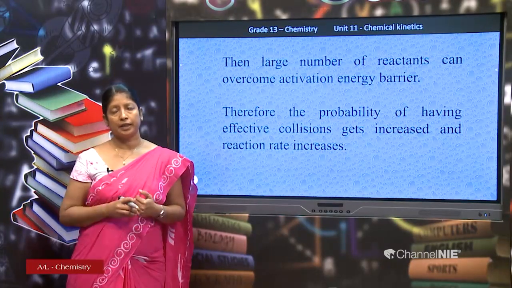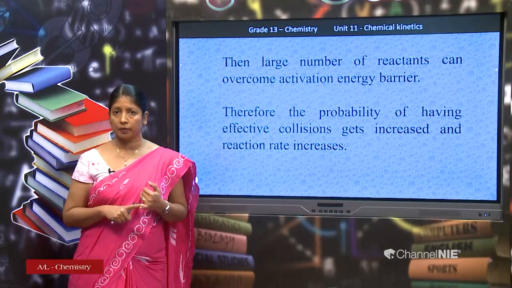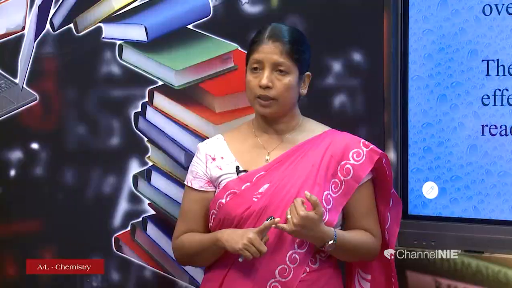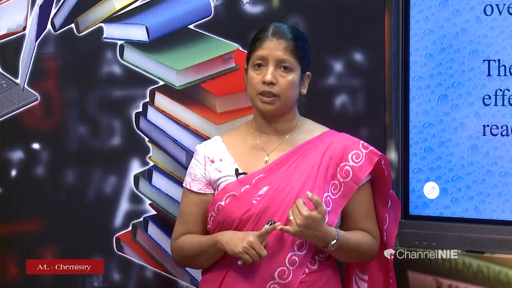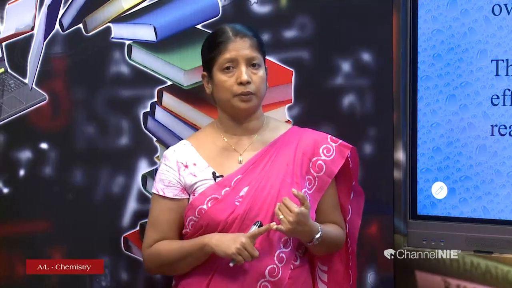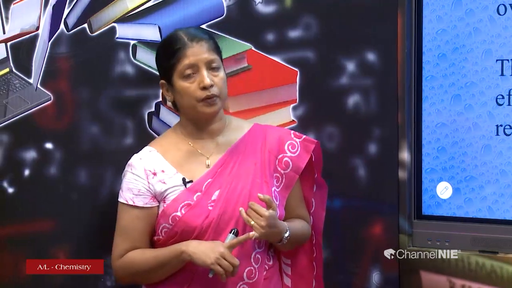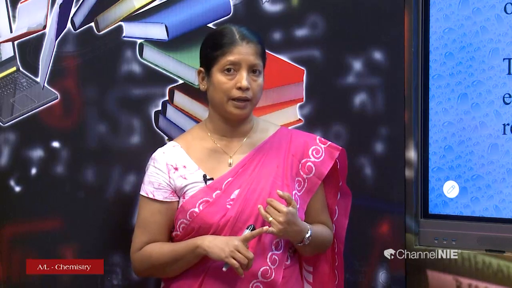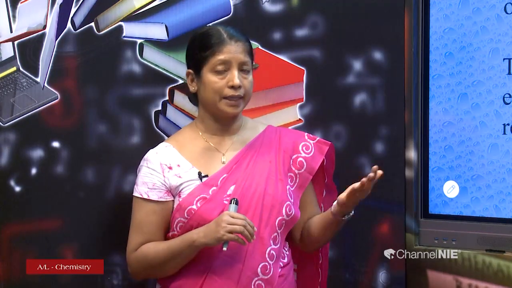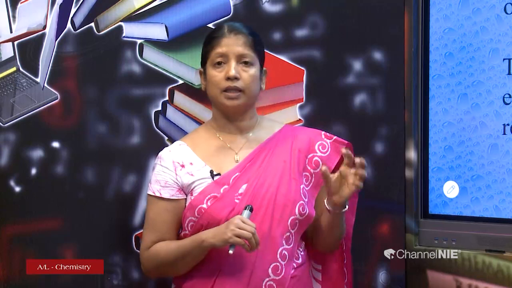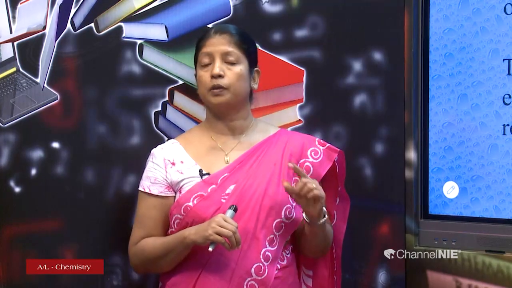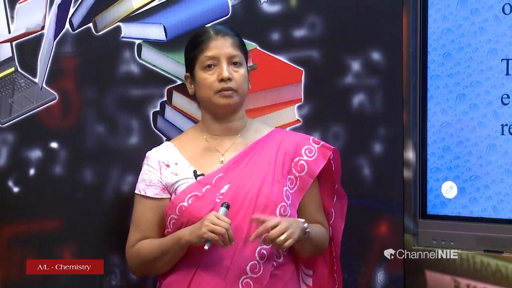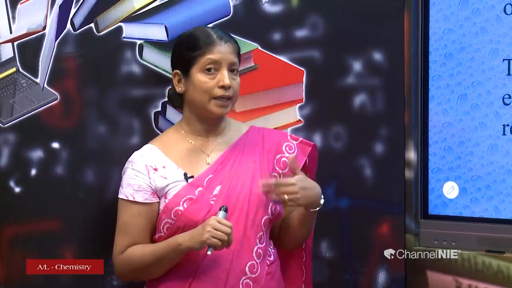To proceed with any reaction, one of the most important requirements is that the total molecules with activation energy or more than that has to be high. When we add the catalyst, the activation energy gets decreased, then the fraction of molecules with activation energy or more than that gets increased.